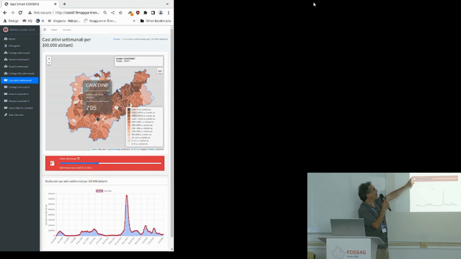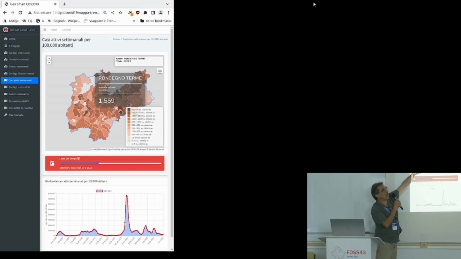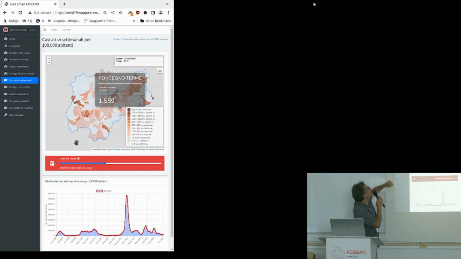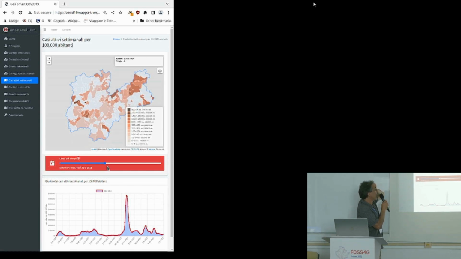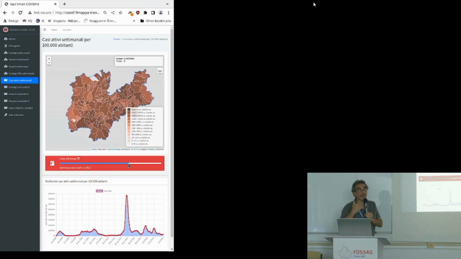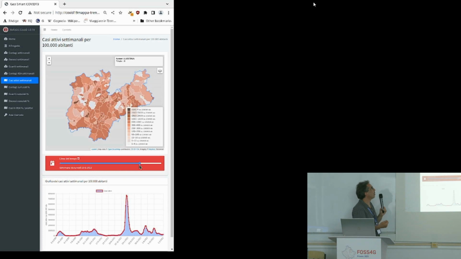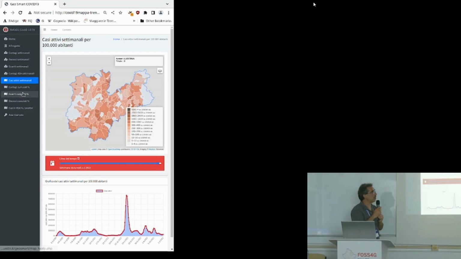Again, we have this structure in which you can see for each municipality how many people are affected in the region. And this is a way in which we can see things graphically, but they are also very easy to consult and to share in different kinds of environments.